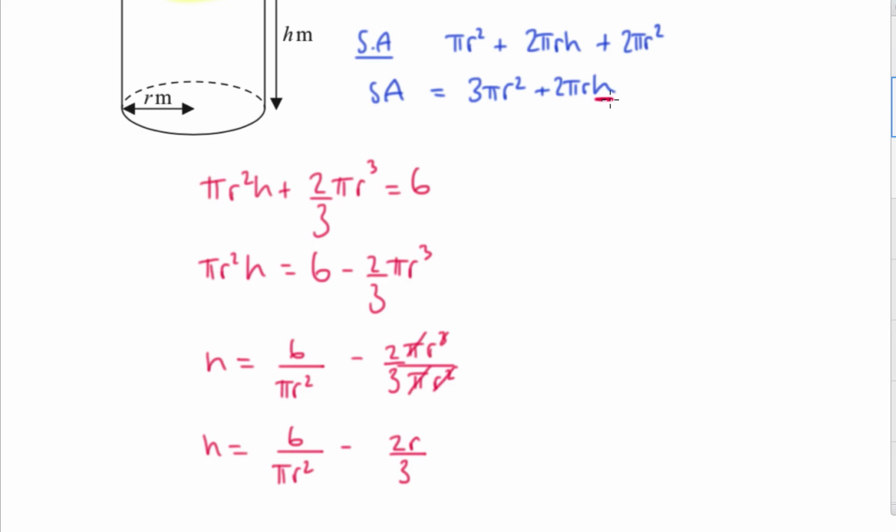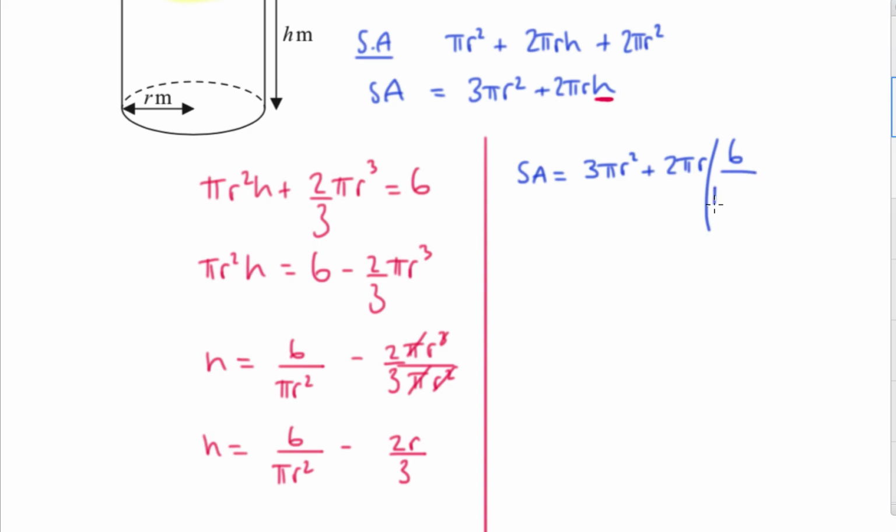So we can take that and now substitute that into here. So the surface area is going to equal 3 pi r squared plus 2 pi r times 6 over pi r squared minus 2r over 3. That's going to give us 3 pi r squared plus 12. The pi's will cancel. We're going to have r on the top, r squared on the bottom, so that's just over r.